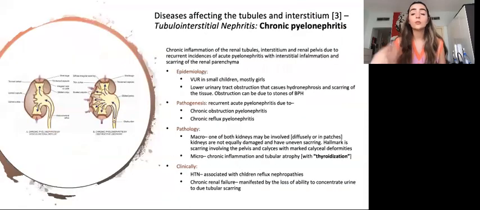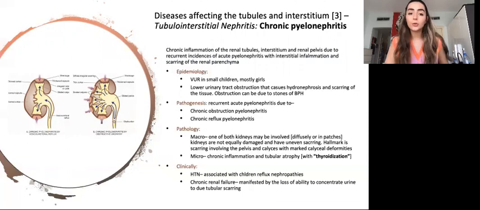Then if there's recurrent acute pyelonephritis so many times, it can become chronic pyelonephritis. It can be due to two predisposing conditions that make it more likely, called chronic obstructive pyelonephritis or chronic reflux pyelonephritis.